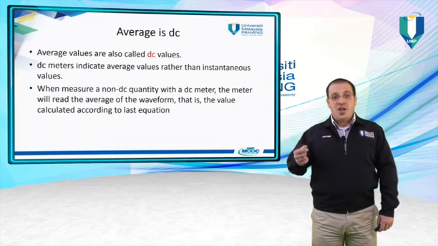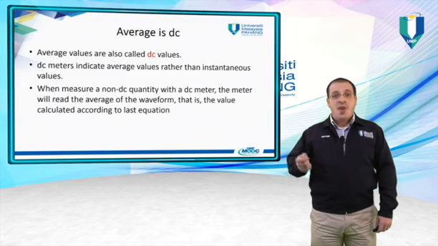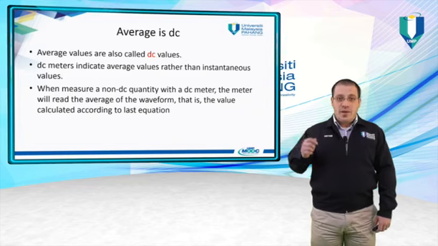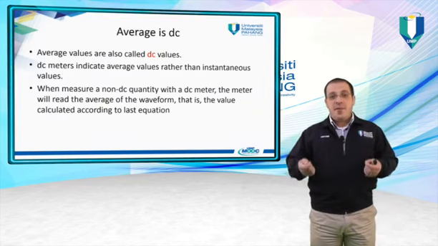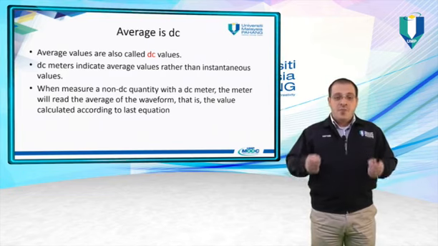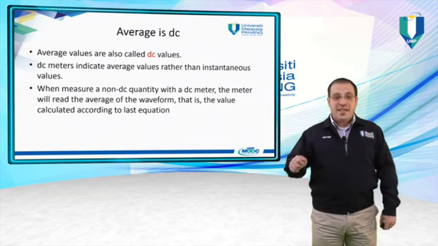So when we measure a non-DC quantity with a DC meter, the meter will read the average of the waveform, that is the value calculated according to the last equation. If you mistakenly try to measure the AC voltage with a multimeter whose function is set to DC, it will give you 0.